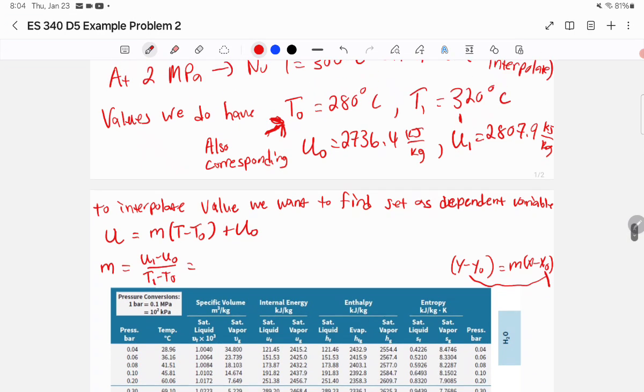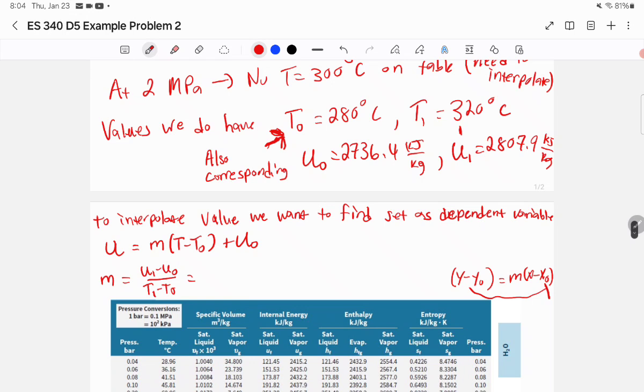So that's going to be equal to, well, we have these values, right? We have 2807.9 minus u naught, which was 2736.4 that we read off the table, divided by 320 minus 280.